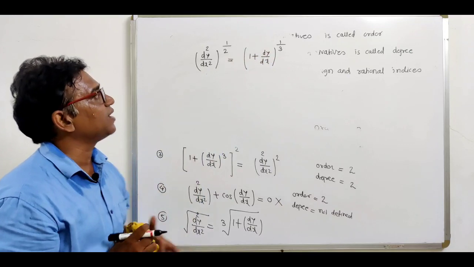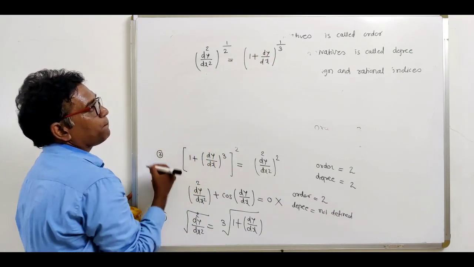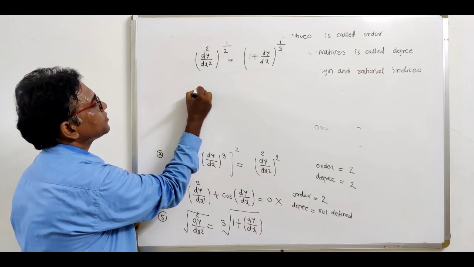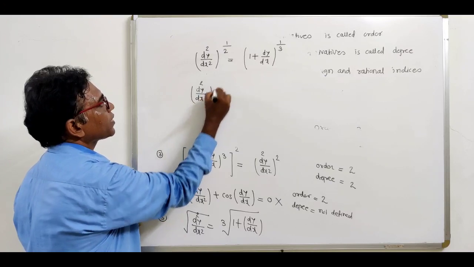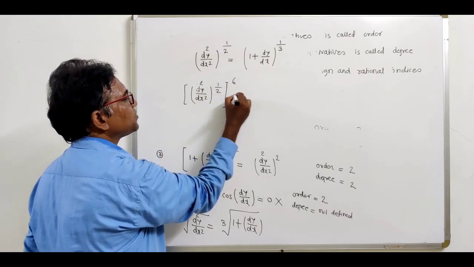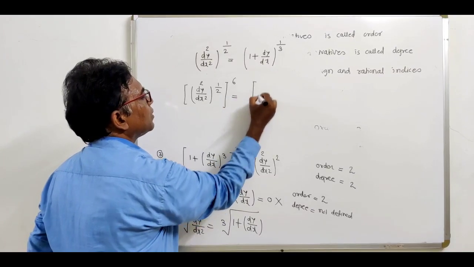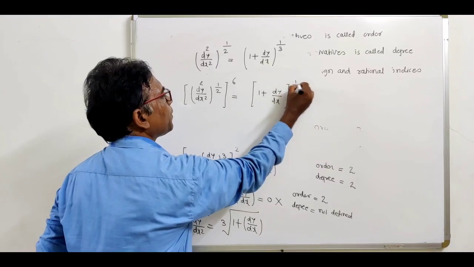Now these are the rational indices. Suppose we increase this power by 6. Suppose this is d square y by dx square bracket raised to 1/2, and this is the bracket raised to 6, and 1 plus dy by dx bracket raised to 1/3.